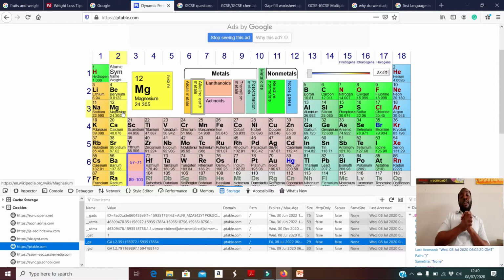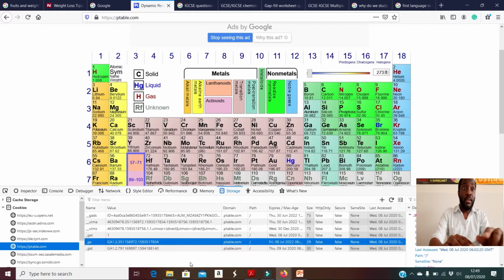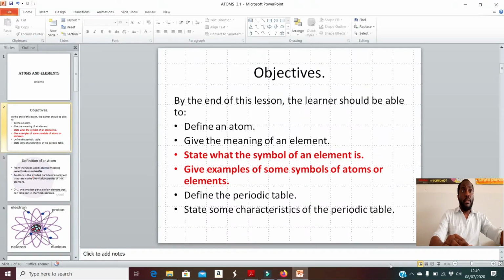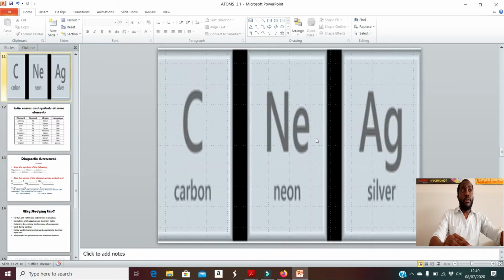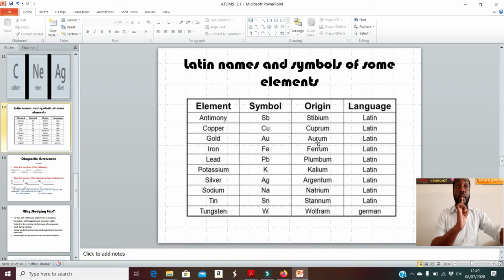Moreover, we also have some elements whose symbols are actually derived from their Greek or Latin origin. Excellent examples here, let's go back to our slides. We have potassium.